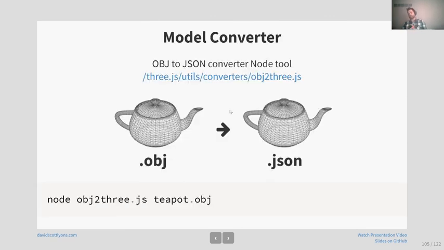So again, this talk was given several years ago, so I'm going to say that this section of this presentation might be a little bit deprecated because we can load in models right into Three.js now as GLTF files, I believe. So the common strategy before was to take whatever object that you created, in Blender, Maya, SolidWorks, whatever tool you want, and then convert it to a JSON file.